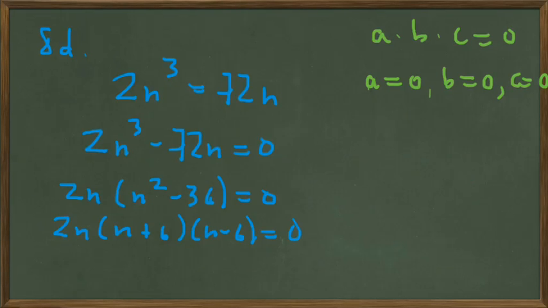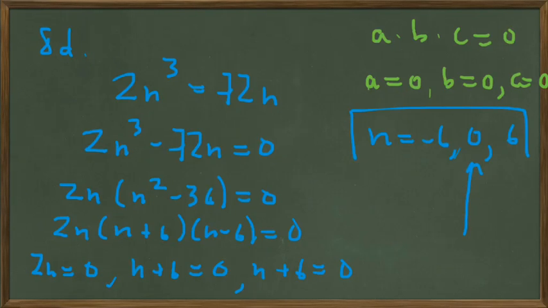So we set the three factors a, b, and c equal to 0, and after we do that, we see that we get three solutions: n equals minus 6, n equals 0, and n equals 6. And notice that this 0 factor here would have been lost had we divided through by n back on this first step.